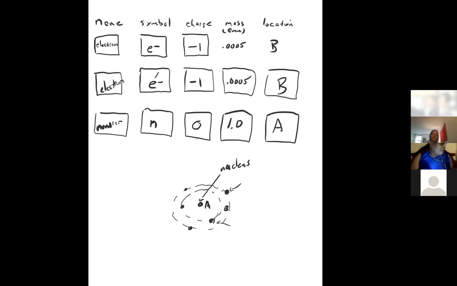Okay. Professor? Yes. So any number that they give you aside from -1 or 0, then it will be a proton. So here's the one thing that could be the same. The neutron and proton, they weigh about the same. They both weigh about the same.